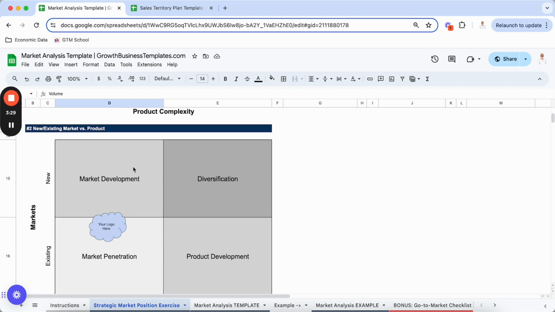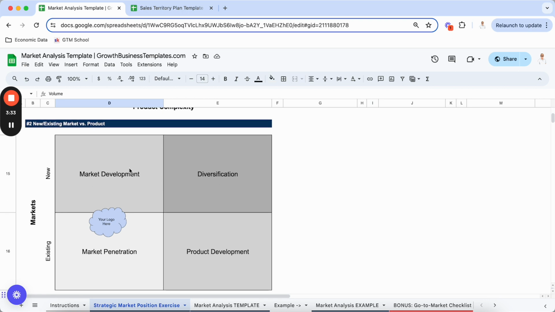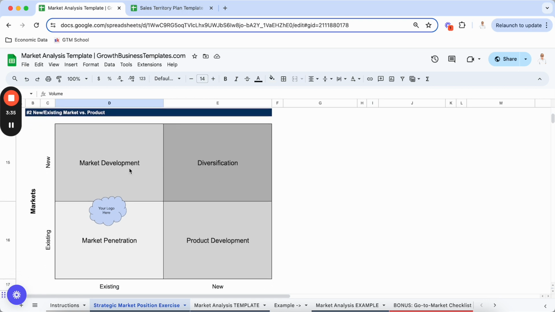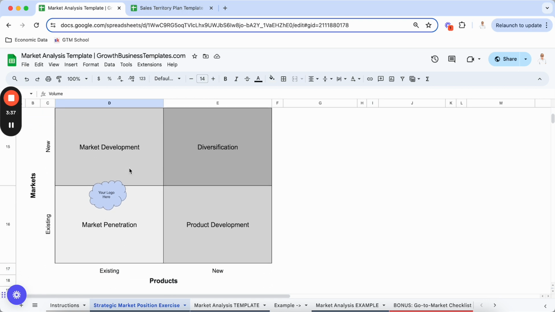The next is a new or existing market versus your product, whether it's a new or existing product. So are we saying that we want to pursue an existing market that we're already in or a new market? And then are we going to market with an existing product or a new product? And that will inform what this means.